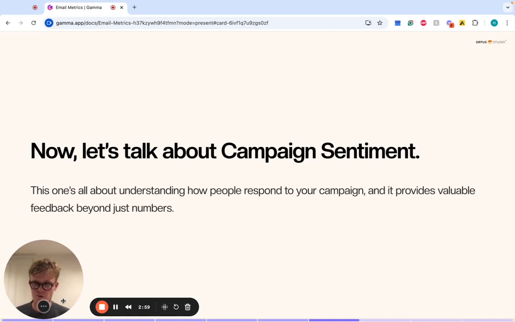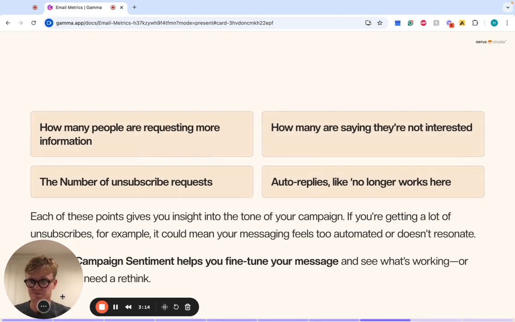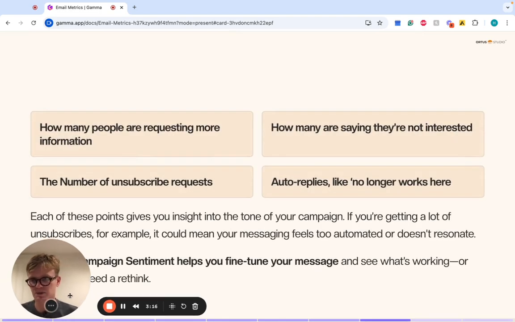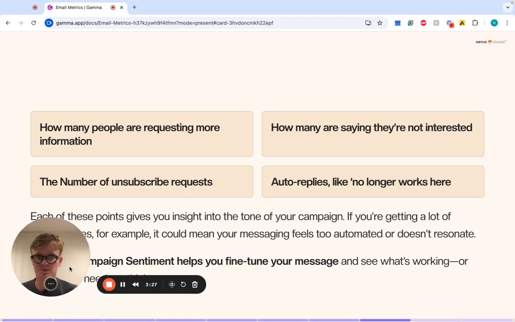In terms of optimizing your campaign and how you can improve it, it's going to come down to campaign sentiment. This one's all about understanding how people actually respond to your campaign, and it provides valuable feedback beyond just numbers. To give you an example of what we're trying to understand: how many people are requesting more information, how many are saying they're not interested, the number of unsubscribe requests, and auto replies like 'no longer works here'.